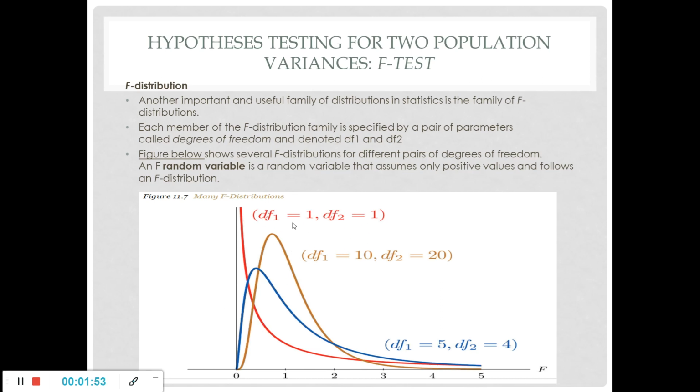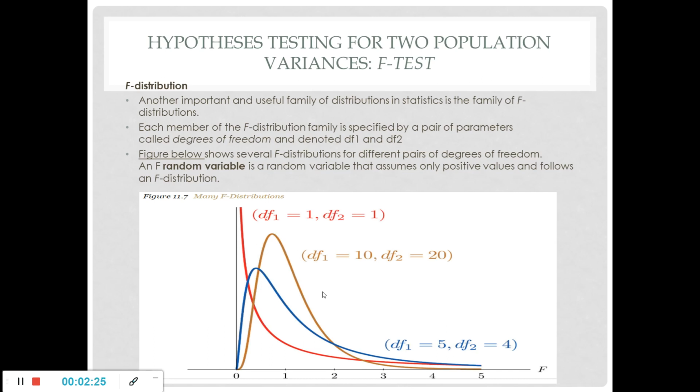Since we are dealing with two population variances, you have different distributions with respect to different degrees of freedom. As you can see, the difference from the chi-square distribution is basically the peakedness. It is more peaked than the chi-square distribution on the left.